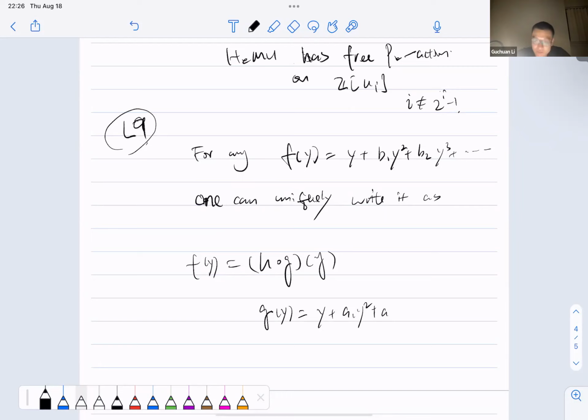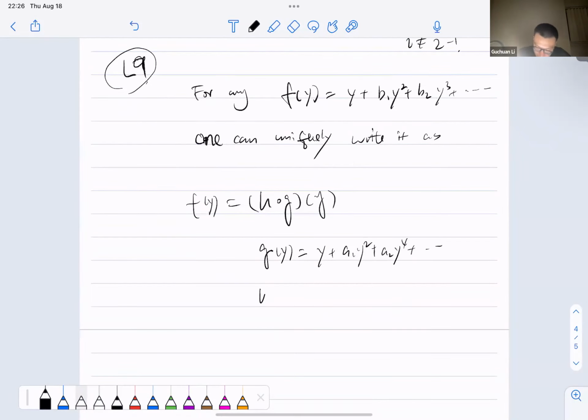For the other part, h, it has the property that for the h_i, it drops all the terms of the form 2 to the i minus 1. In particular, there are no terms y squared. It jumps to the next one, y to the power 3.